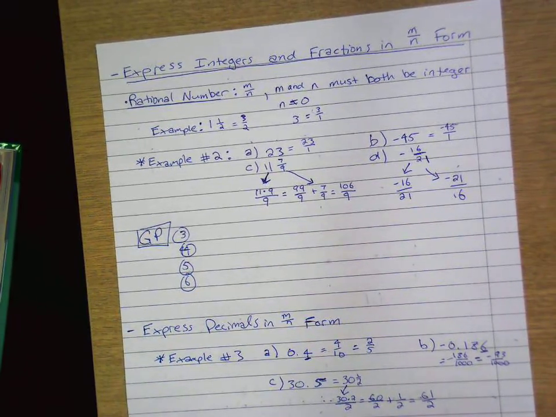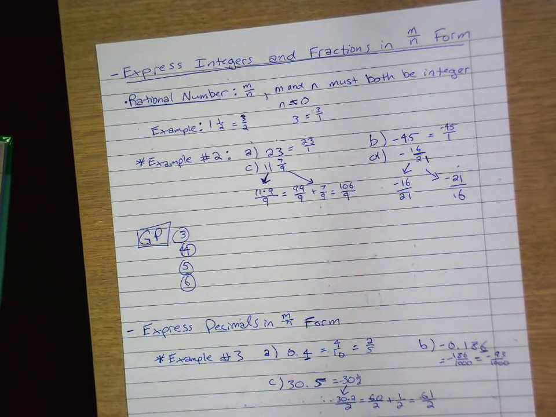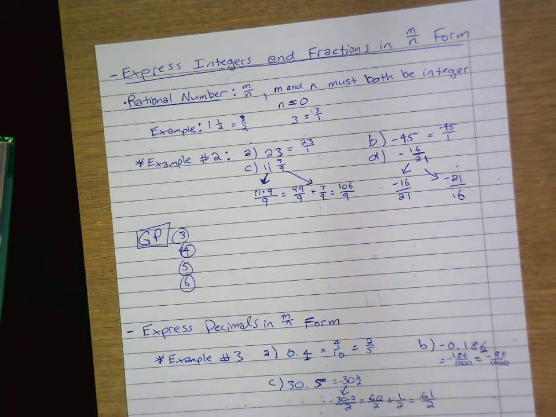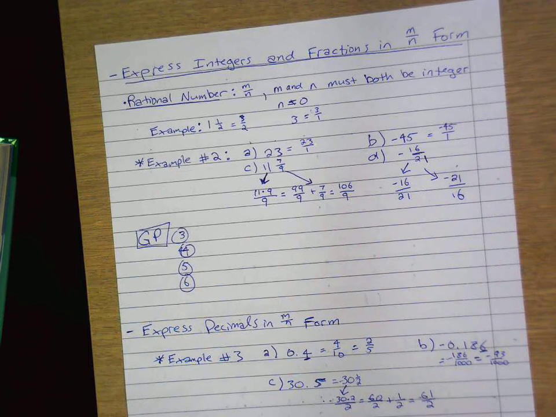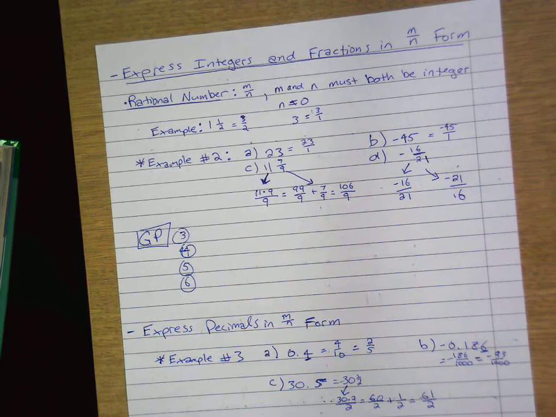Then let's convert it into a whole fraction. We have 1 times 100 over 100 equals 100/100, plus 48/100 equals 148/100.